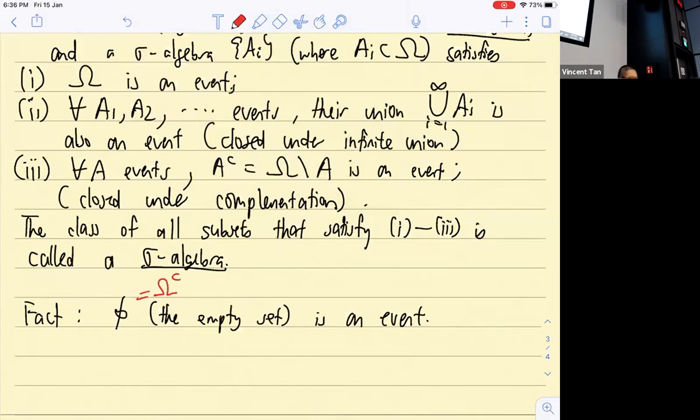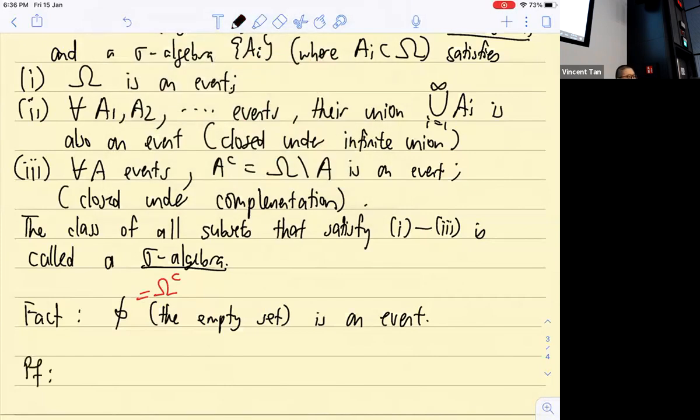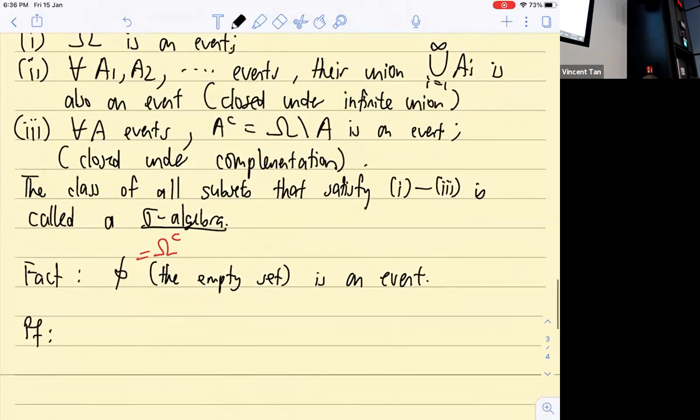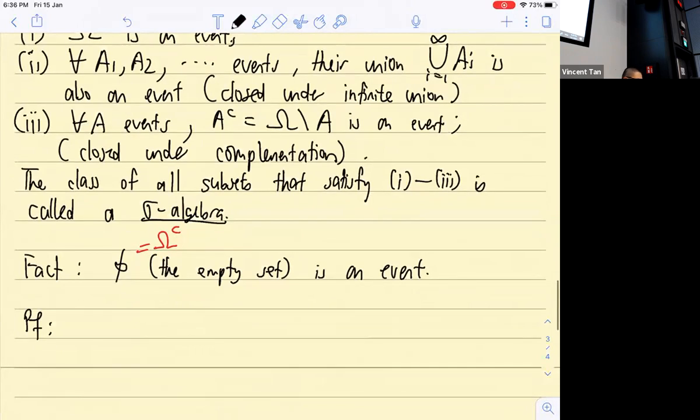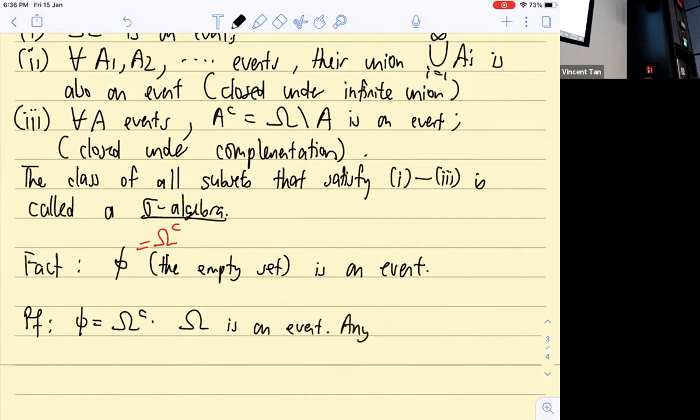Okay? Right. So I already gave you the answer. But let's prove it. Our first proof of this course. What a momentous occasion. Why? So phi equals omega complement. Omega is an event. Any complements of events are events.